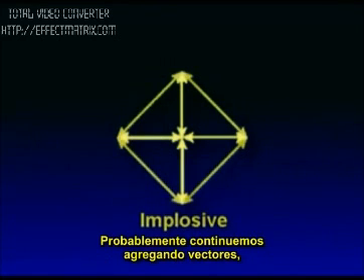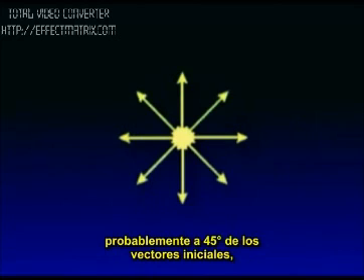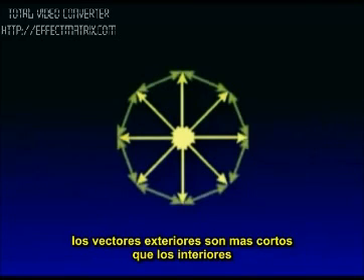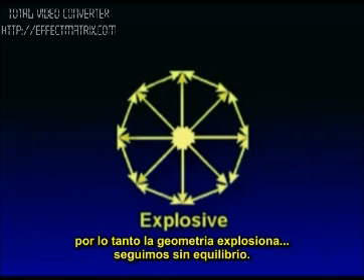You probably continue to add vectors, and you would probably put them at 45 degrees from the initial one. And now you have another problem. That is, the edge vectors are shorter than the vectors to the center. Now the geometry explodes. Still no equilibrium.